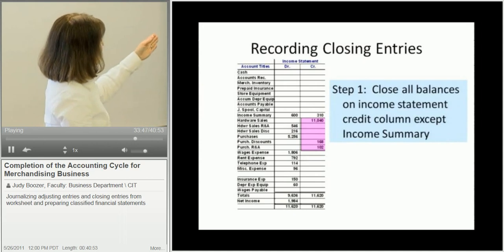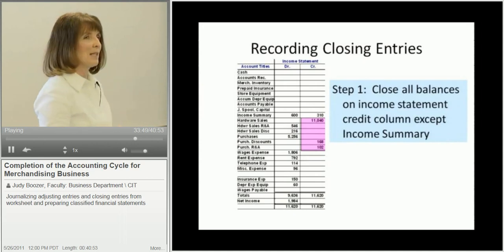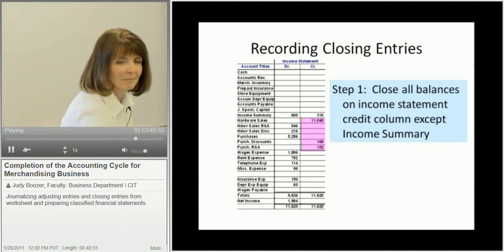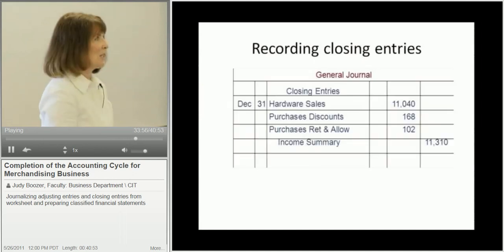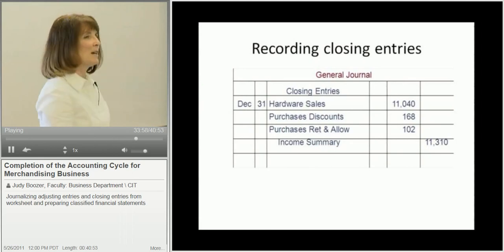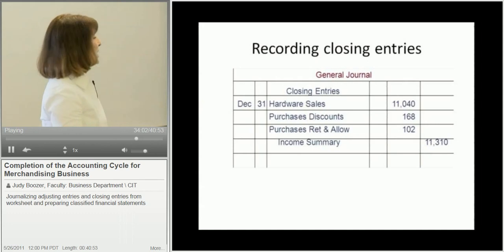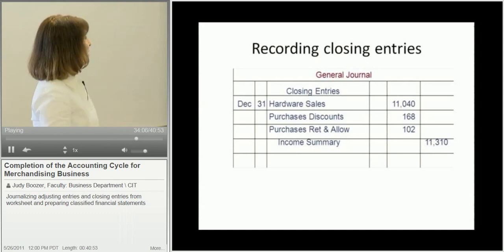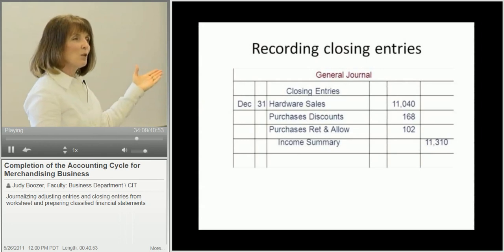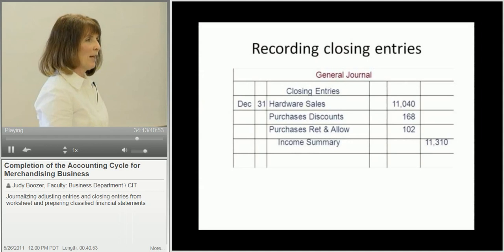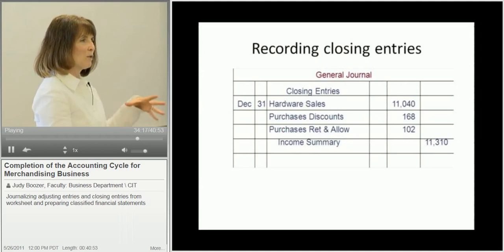So to close out those credit balance accounts, what would you have to do to them? Debit them. So here's an example. Hardware sales debited to close it out or zero it out. Purchases discount. Purchases return and allowance. And then the total of all of those gets put into income summary as a credit. Okay, that part's similar, it's just more accounts.